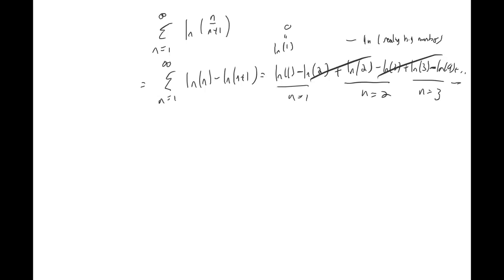Where's that going to? What's ln of infinity? That's what I want you to think of. So I have 0 minus infinity, which is like negative infinity. So this thing's going to diverge. But let's do it formally. You should expect this to diverge.